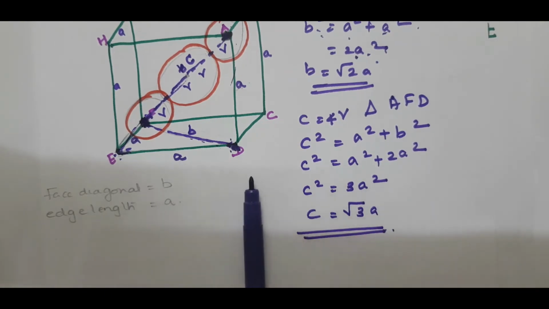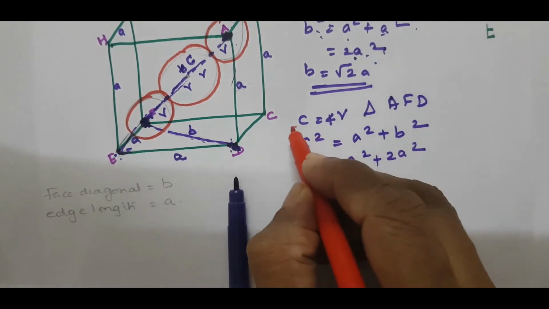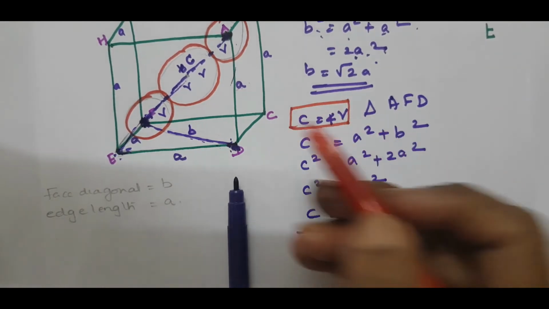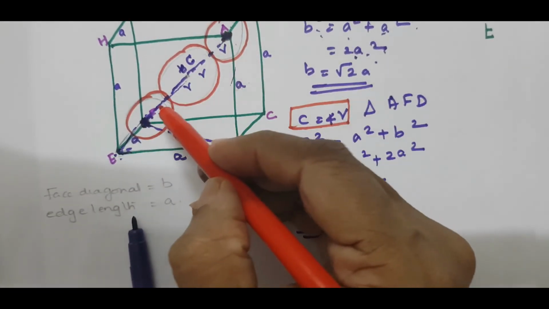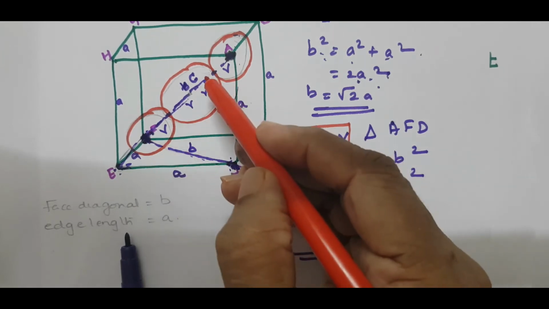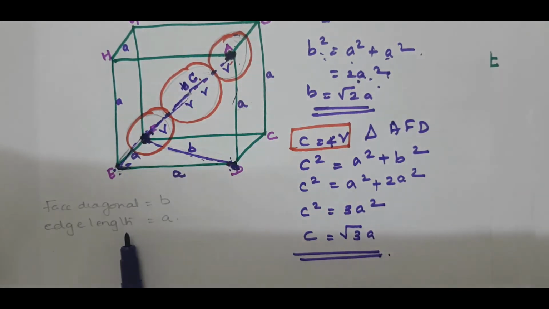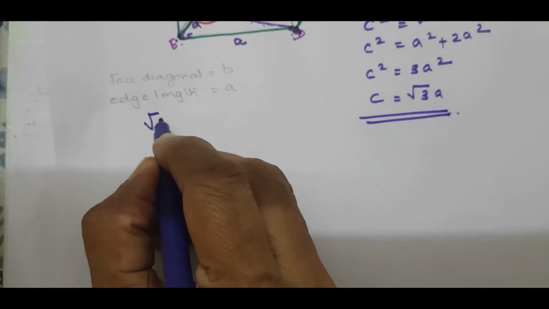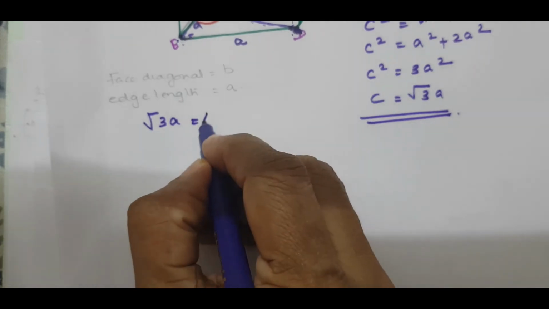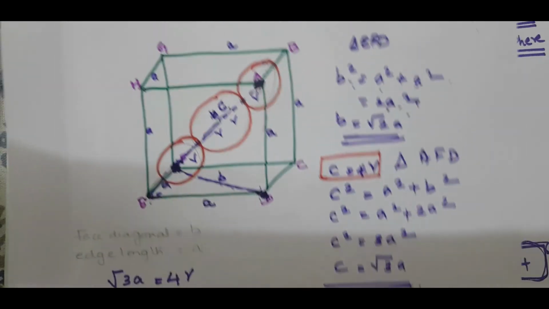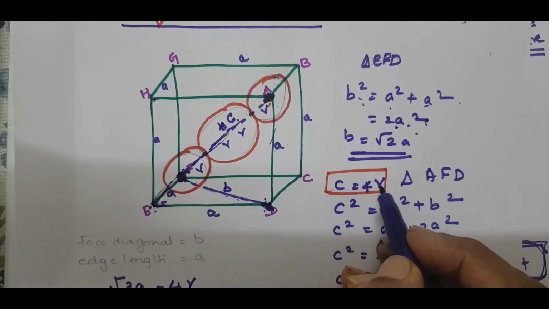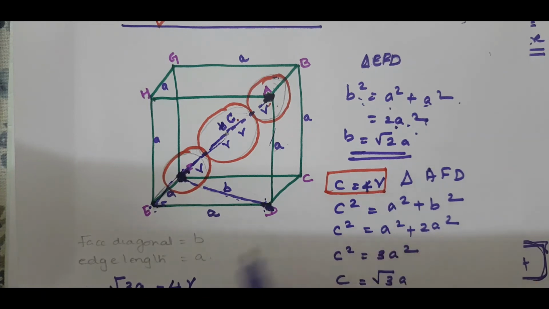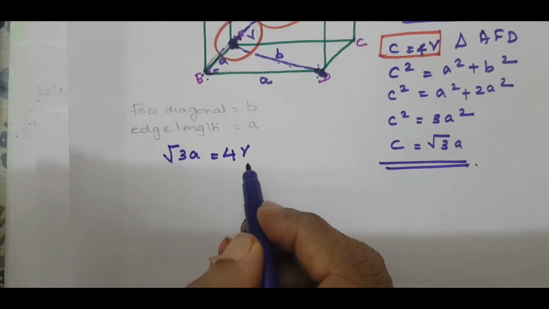And also you know that again C is equal to 4R. That means the body diagonal is AC, that is C. So C is equal to 4R. Is it clear? Okay. So now we know there are two equations: root 3A is equal to 4R, because you know C is equal to 4R.